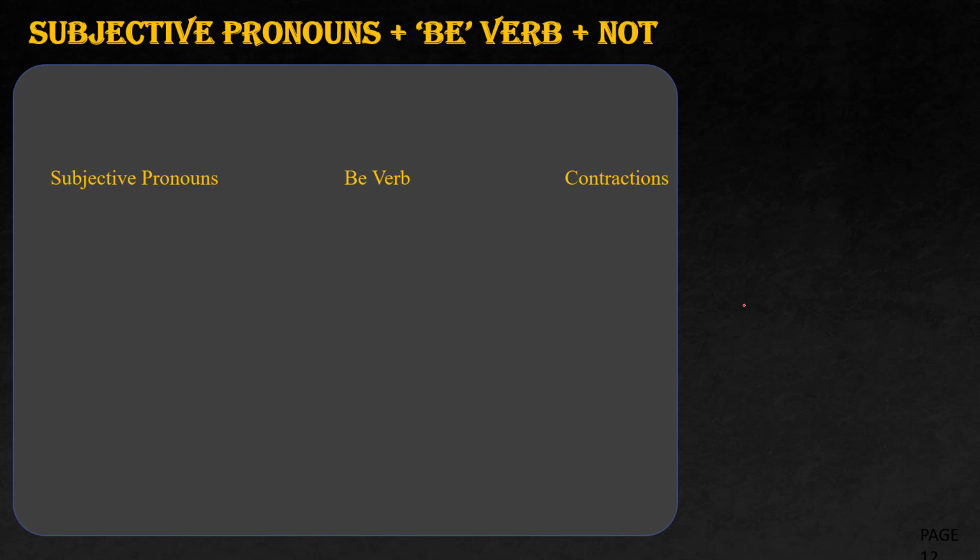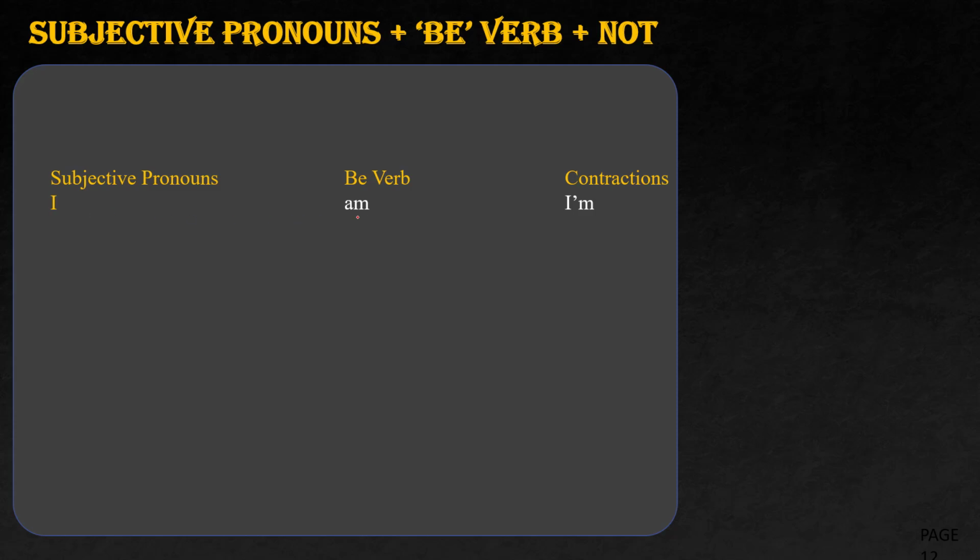Now we will focus on creating sentences using pronouns plus be verb and not. Okay? Now the subjective pronouns, be verb and the contractions. What exactly are contractions? For example, I have I as a subjective pronoun. If I add a be verb, for I it is am.